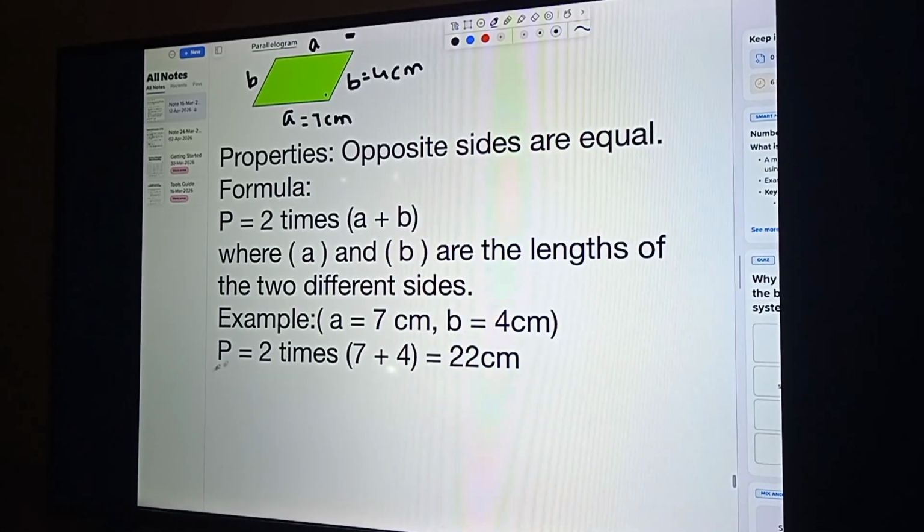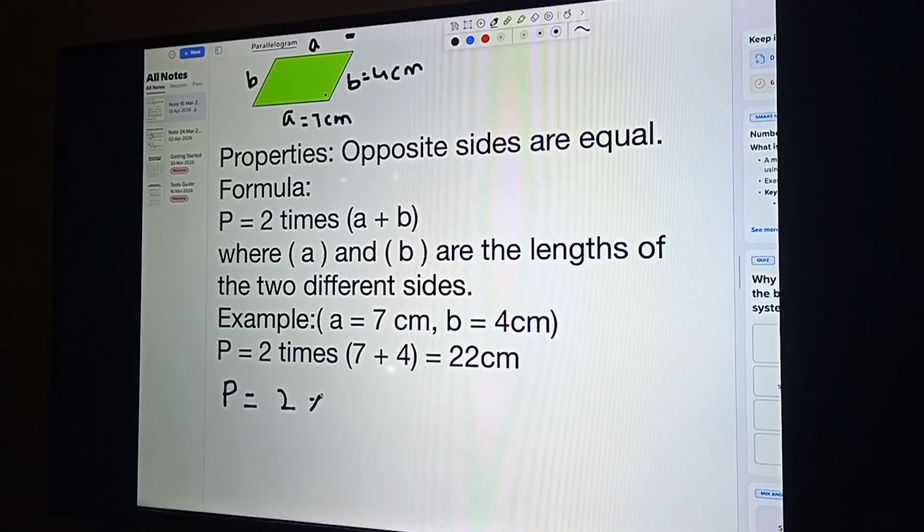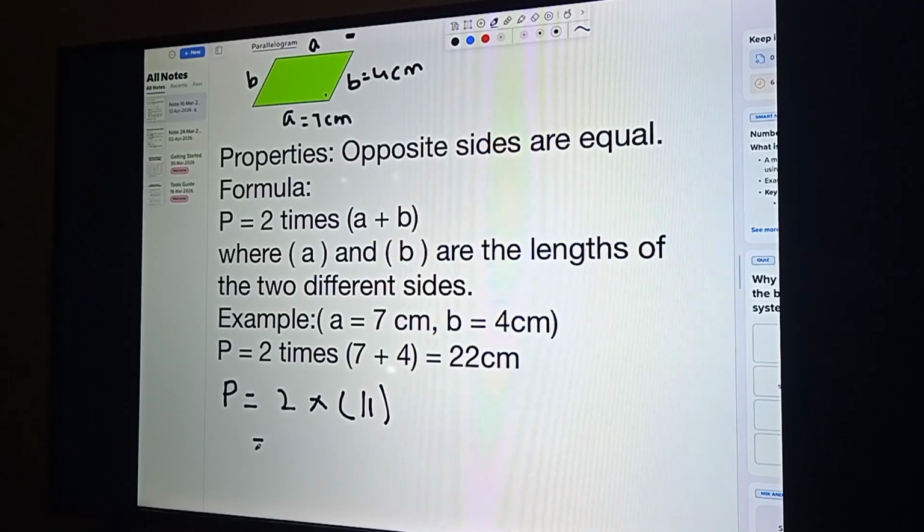Then substituting the values in the formula, this is 2 times (7 plus 4), which is 2 times 11, and this is equal to 22. As the unit of measurement is centimeter, we will express our result in centimeter.